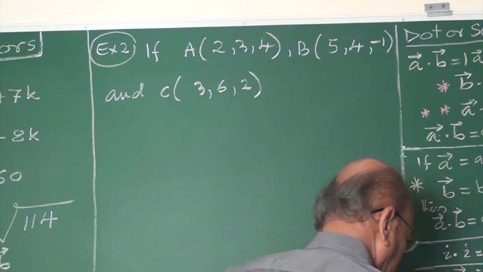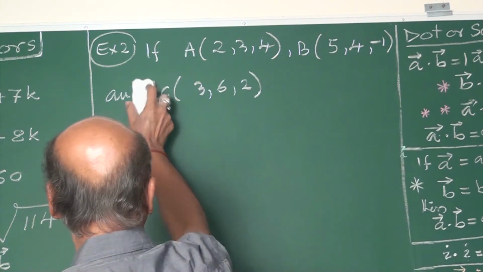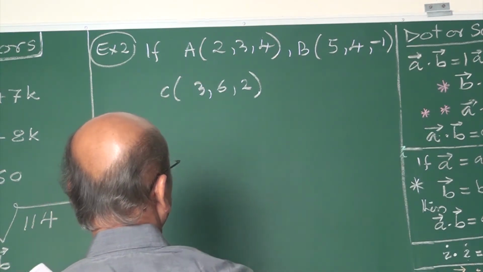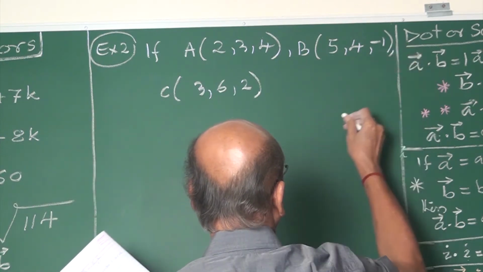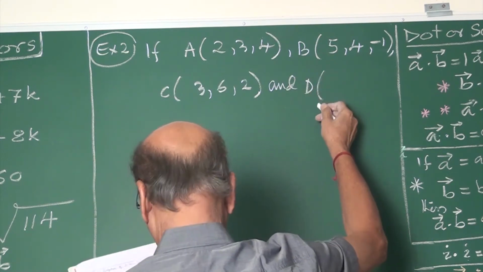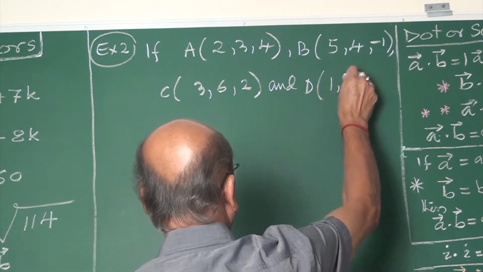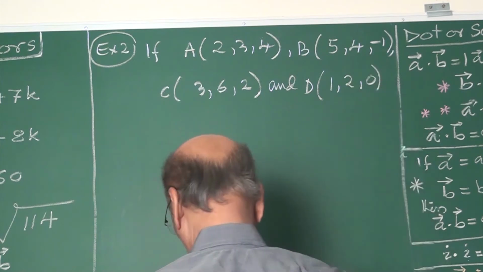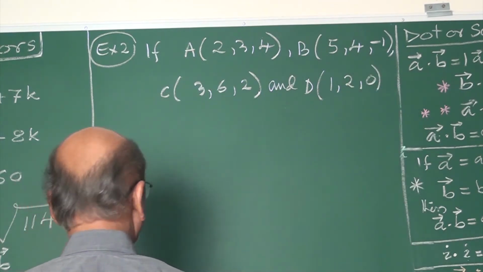Yes, my friend, this is the third point. And D, the coordinates are 1, 2, 0, are the given points.